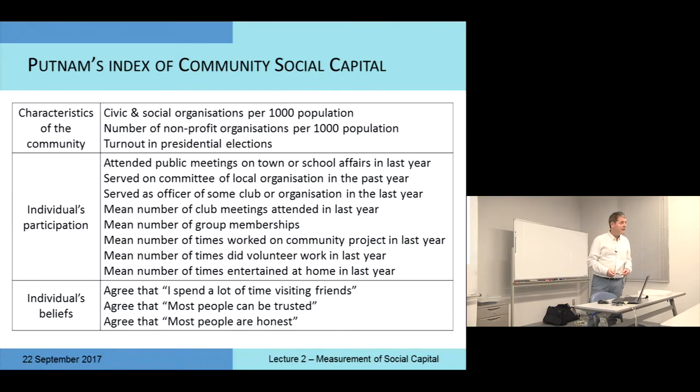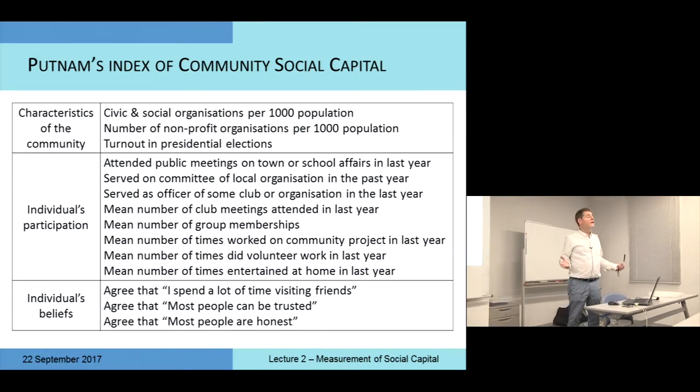If they did attend club meetings, if they're a member of some club, how many did they go to? And so on. How many times in the last year did the individual volunteer their services? Or even, last one in that particular section, the mean number of times the person entertained at home in the last year.